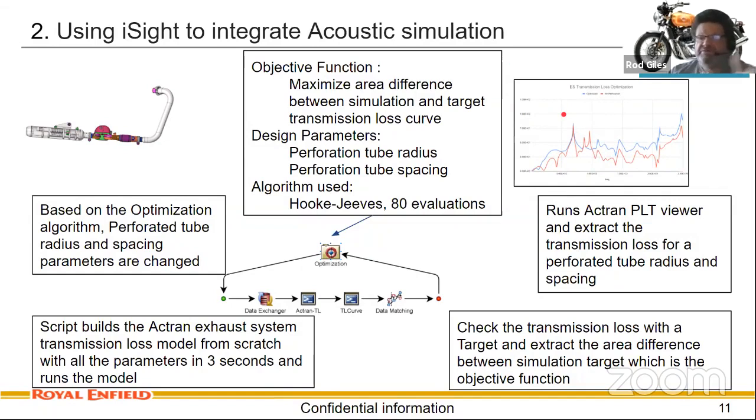But what we'd like to do is to be able to obviously optimize this design, and what Nabil has done is to look at just a couple of parameters to start with, and that is looking at the perforations inside the muffler, which we know from previous experience have quite a big impact on the sound performance.